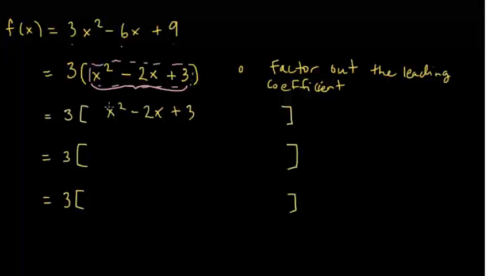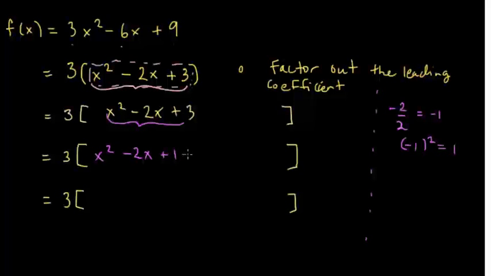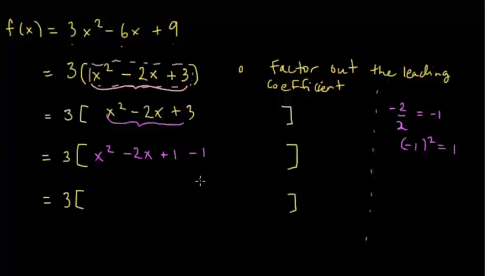So now, complete the square on this portion. Well, I take negative 2 and I take half of that. So over here in a little bit of side work, negative 2, I want half of that. That's negative 1. And negative 1 I square it gives me positive 1. So that means inside these parentheses, I'm going to take x squared minus 2x plus 1, and of course subtract that 1 right back out.